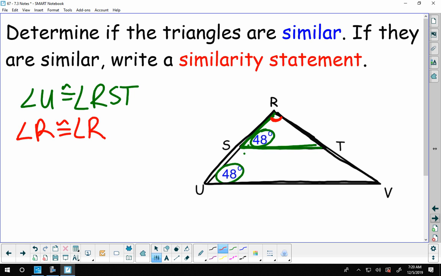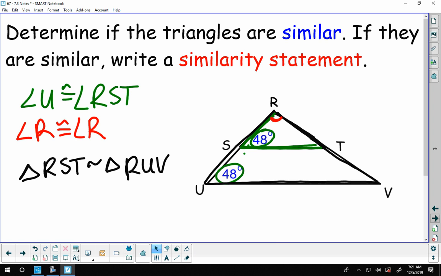So now we have enough information to conclude by the angle-angle similarity postulate that triangle RST, the small one, is similar to triangle RUV, the big one. I made sure that I matched up my corresponding parts for my similarity statement.